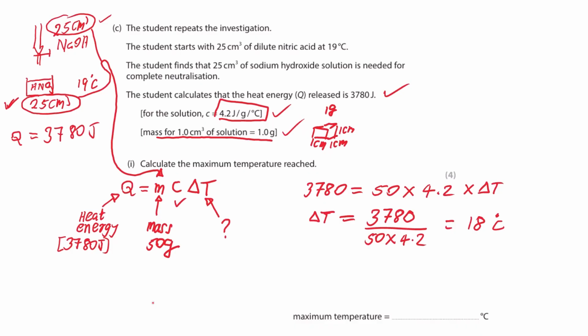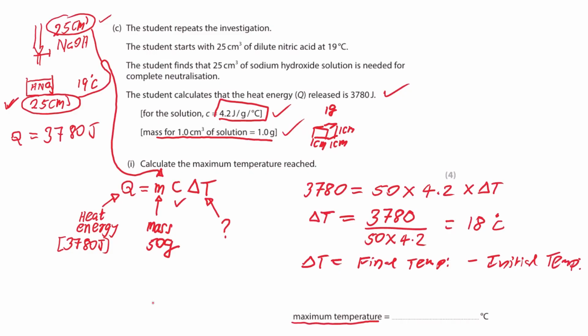That's not the answer because they're asking for the maximum temperature. So what is delta T? It's the final temperature minus the initial temperature. Temperature change is how much the temperature changed.